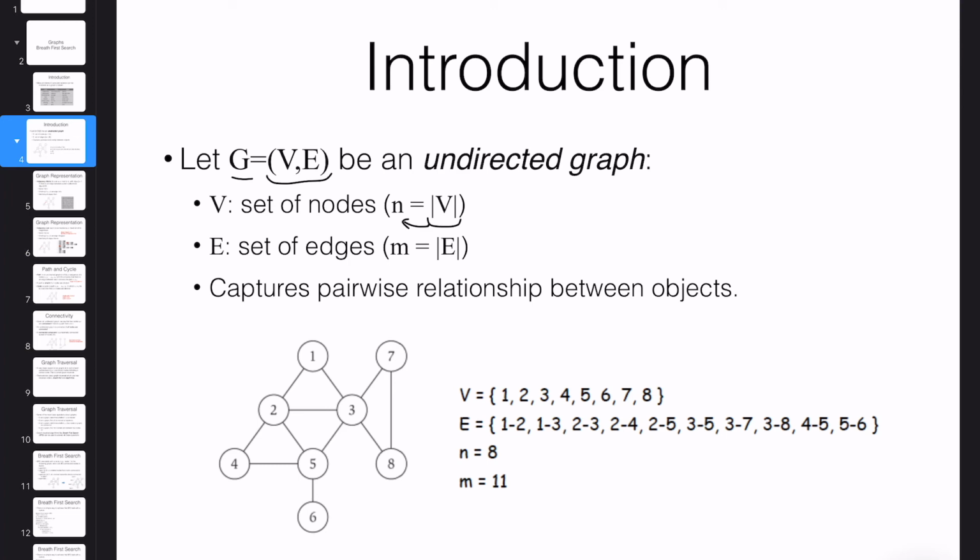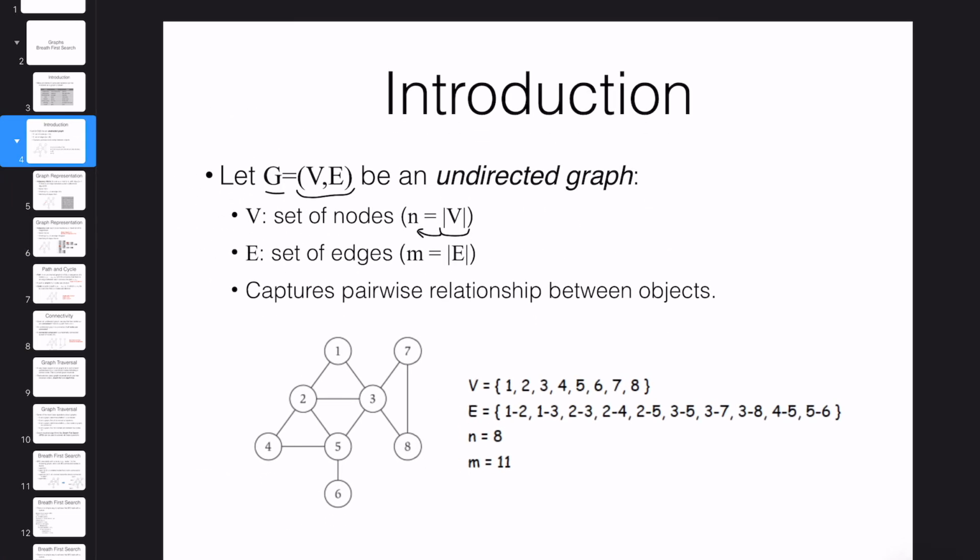So you can see the nodes here, for example node 1, and the edges are connections between these nodes. Here we can see an undirected graph.